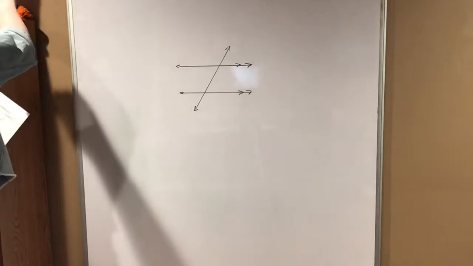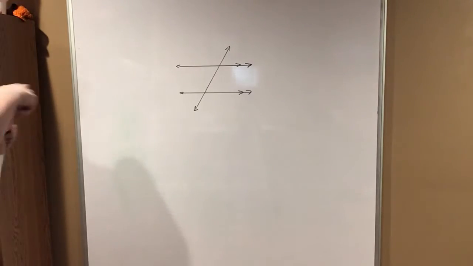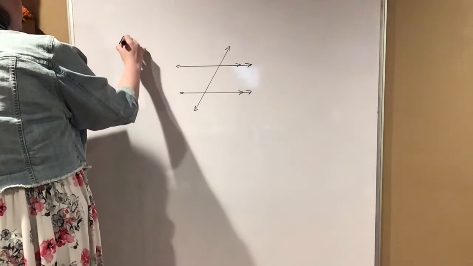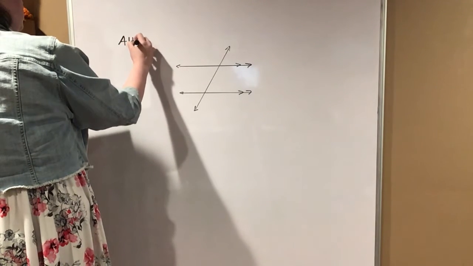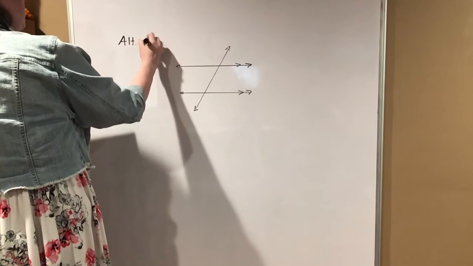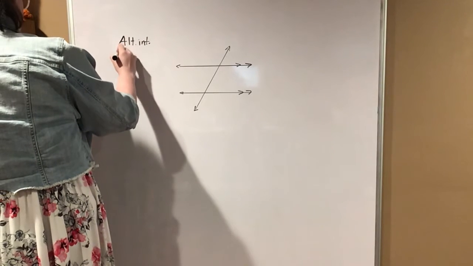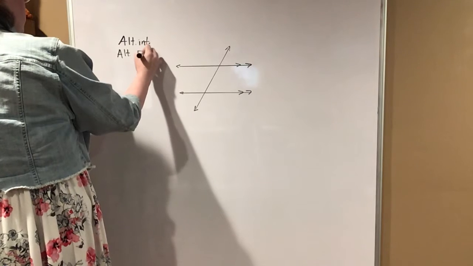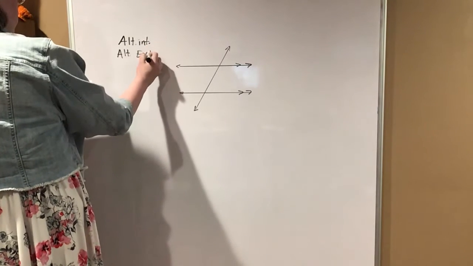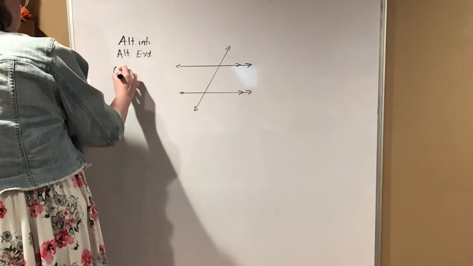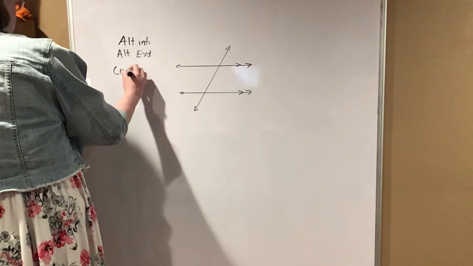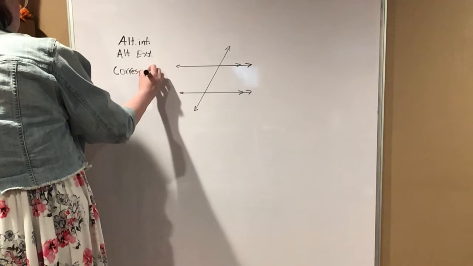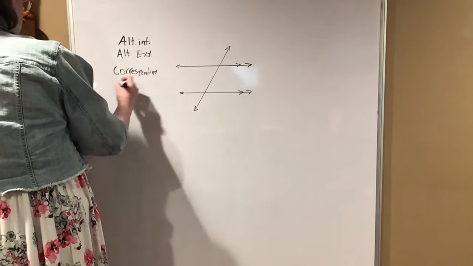So we're given, I'm going to write them down, and I have different colors. There are alternate interior angles. There are alternate exterior angles. There are corresponding angles. And linear pairs.